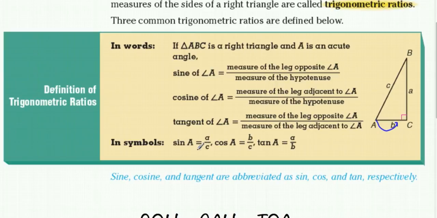So in symbol, sine A is equal to A over C. Cosine A is B over C, and tangent A is A over B.